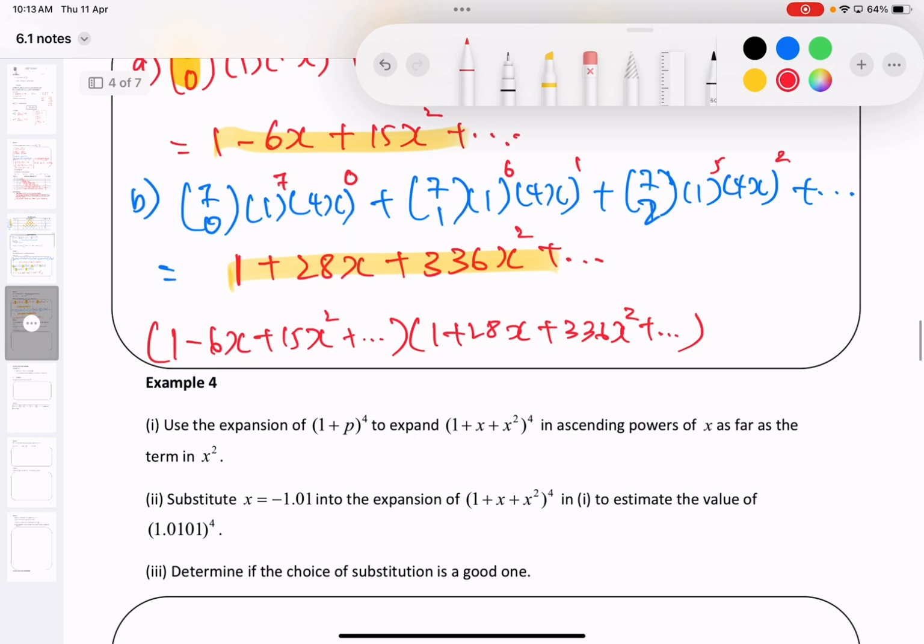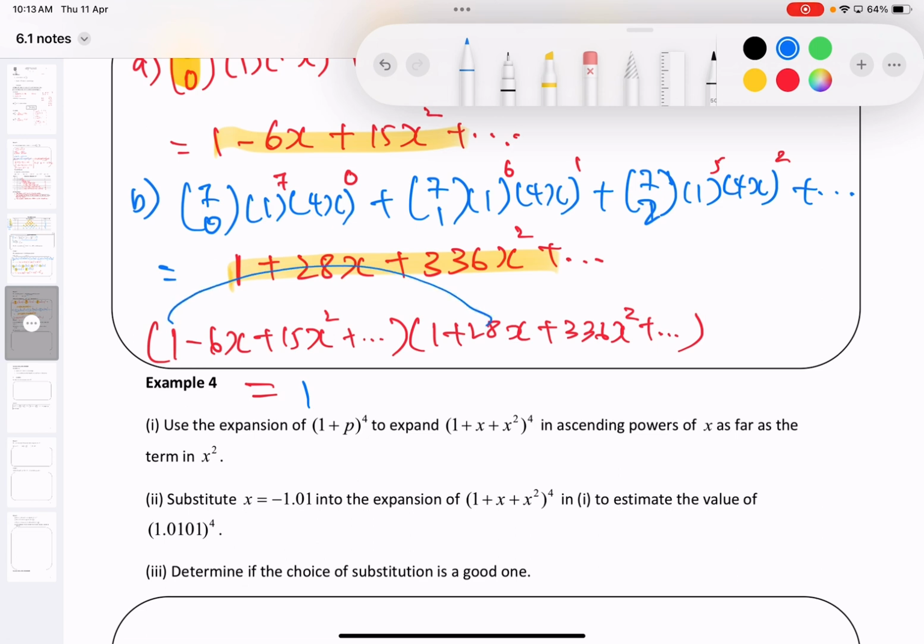Now, you do not have to expand every single one. If your expansion leads you to a final answer that is greater than x squared, you don't do it. So let us follow the chain of thoughts. I have 1 times 1, that is 1, still less than x squared.